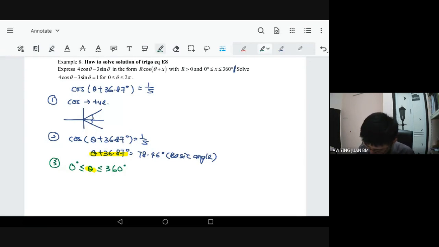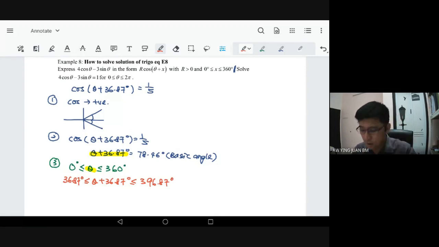Continue. So here we have 36.87. So that is our range. So step number 4, the rotation.